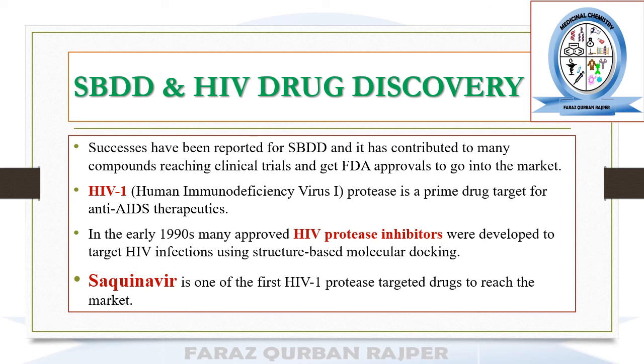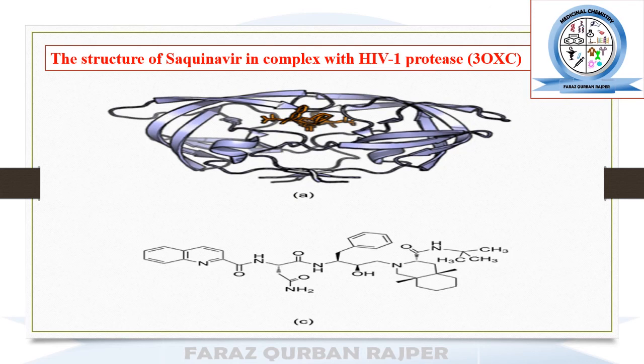Among these approved HIV protease inhibitors, Saquinavir is the first HIV-1 protease targeted drug that is available in the market. So this is the diagram for the structure of Saquinavir, the protease inhibitor for targeting AIDS or HIV infections.